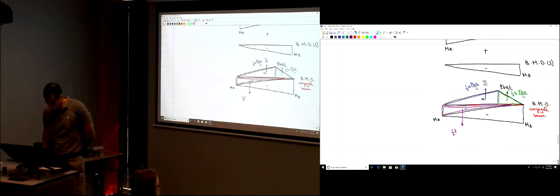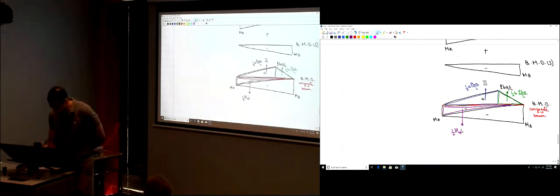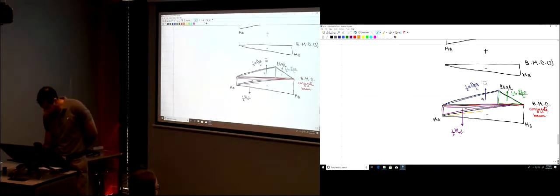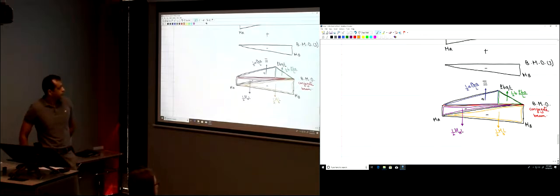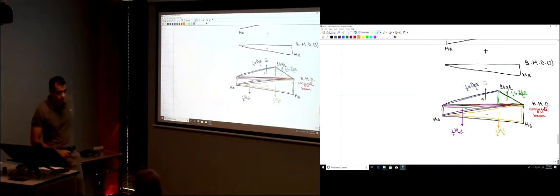L. So it's 1/2 MA times L. And then let's say we have this one, let's draw it in orange. How much is this? 1/2 the base, which is L, times MB. Right? 1/2 the base times the height. Okay? Any question here?